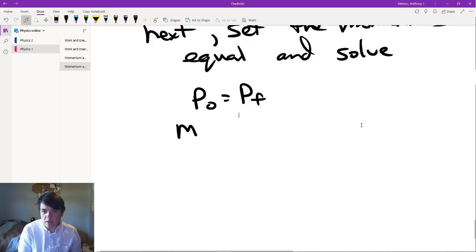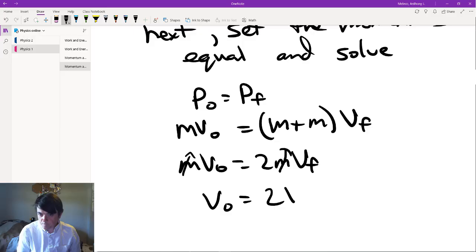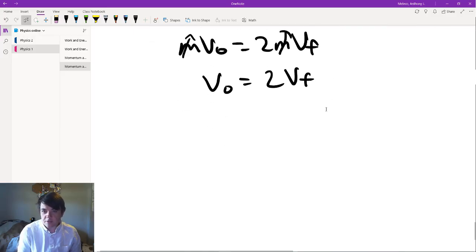P initial was just m v naught because the second one wasn't moving. And then the second part was just m plus m times v final. We can do a little bit more without putting numbers in. So m plus m is 2m v final. We can now cancel the m's because they're the same. And what we'll see here is if we divide over, v final equals the initial velocity over 2.